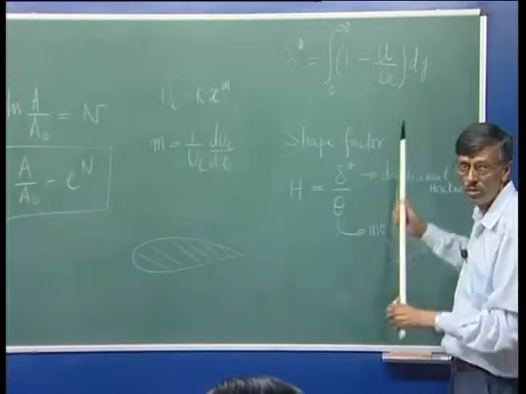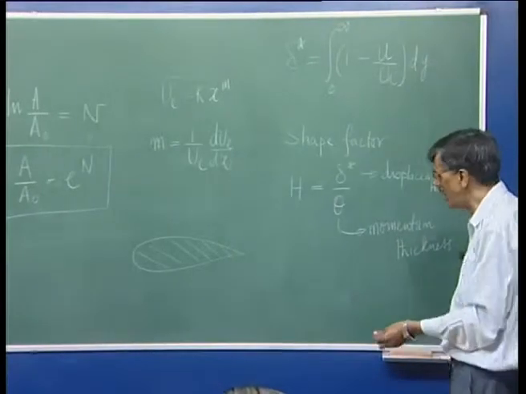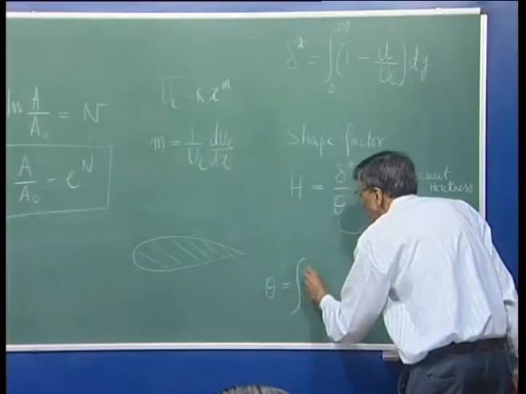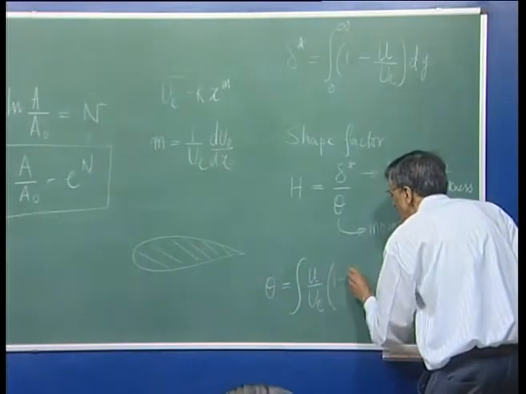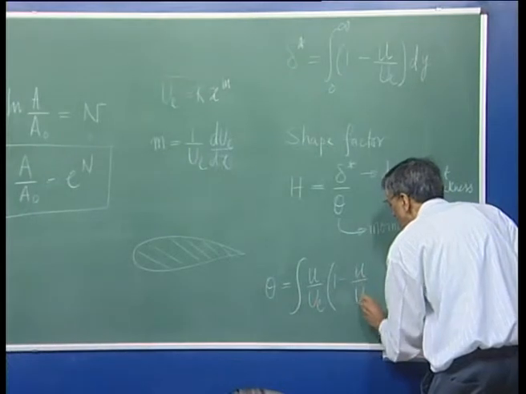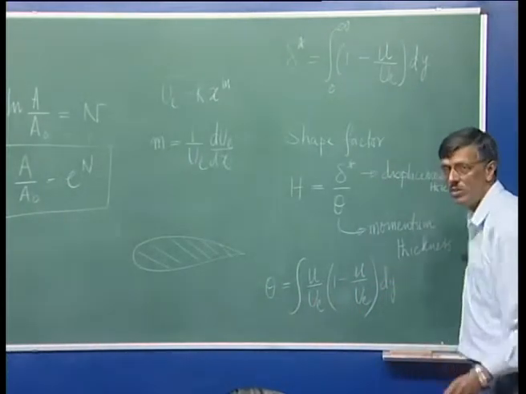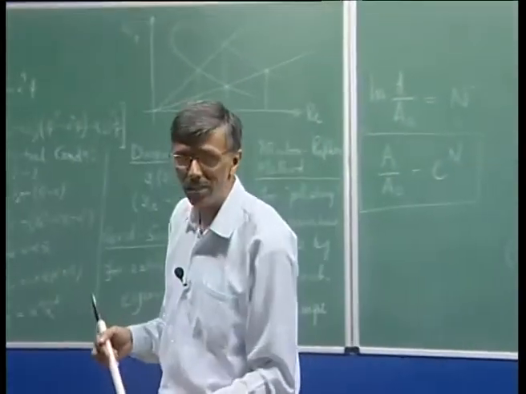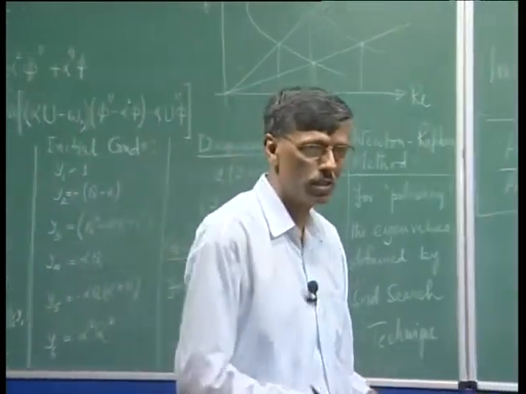So, we integrate over the whole width to get delta star, and theta is defined like this. You are going to tell me what this is. Those of you who have done a course on boundary layer theory, I hope all of you have done. If you have not, then I may like to spend a day or two later, but at this point in time, let us talk about what this is.